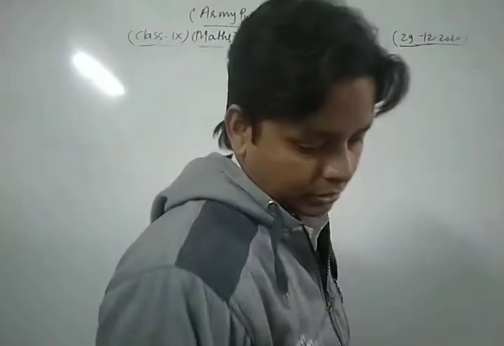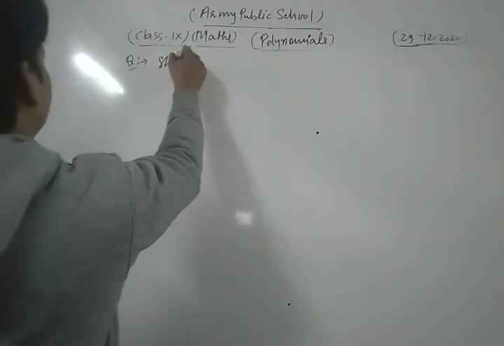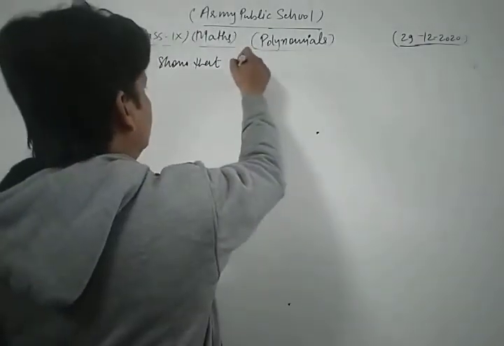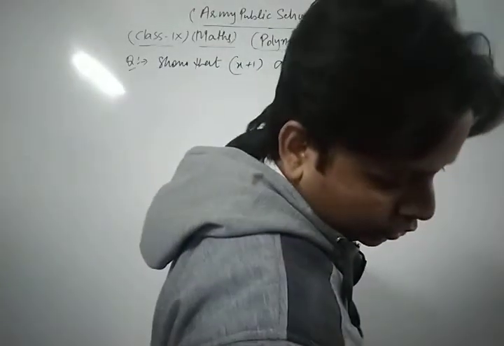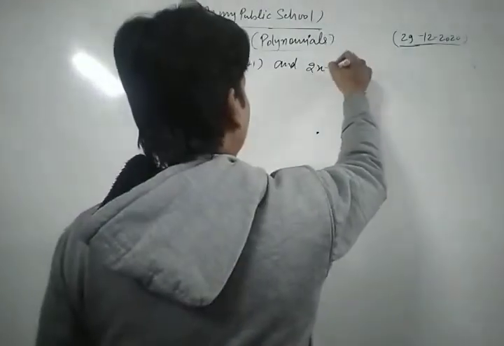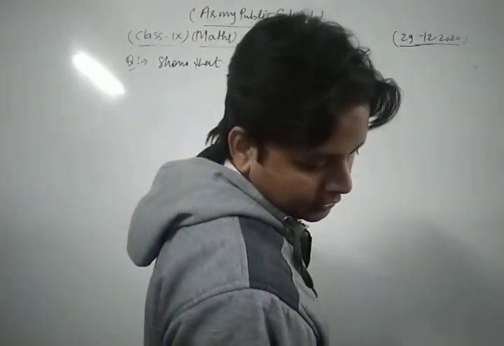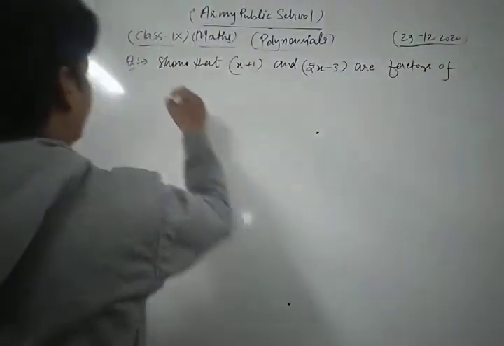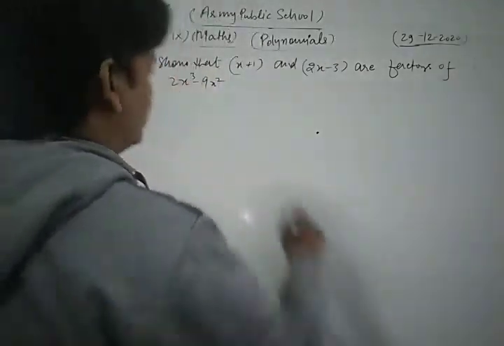Let's see, dear students, we take a question. Show that x + 1 and 2x − 3 are factors of 2x³ − 9x² + x + 12.